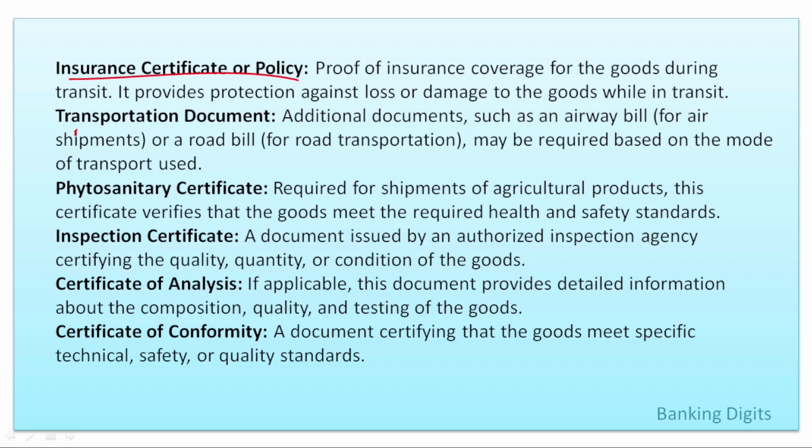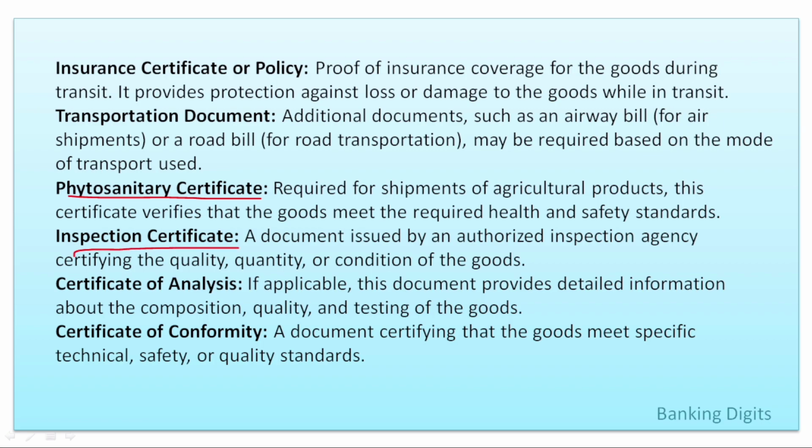Other transportation documents: additional documents such as an airway bill for air shipments or a road transport document for road shipments may be required based on the mode of transport used. Phytosanitary certificate: required for shipment of agricultural products. This certificate verifies that the goods meet the required health and safety standards.